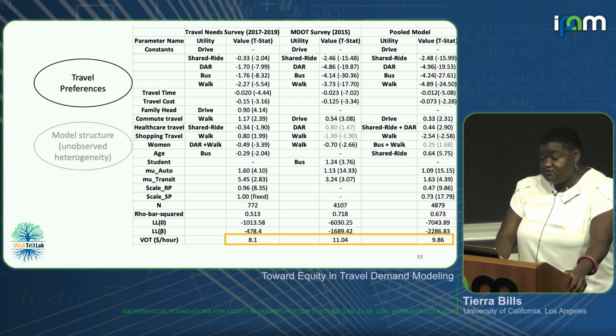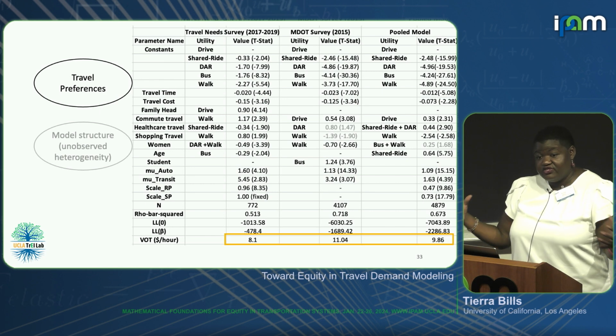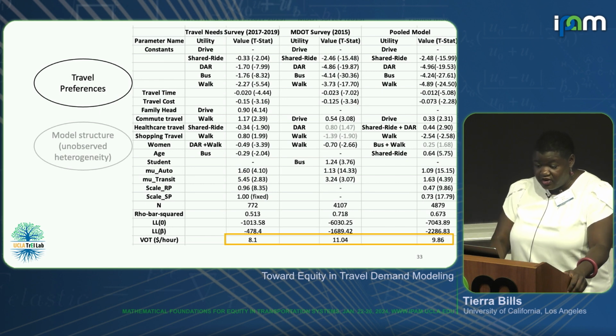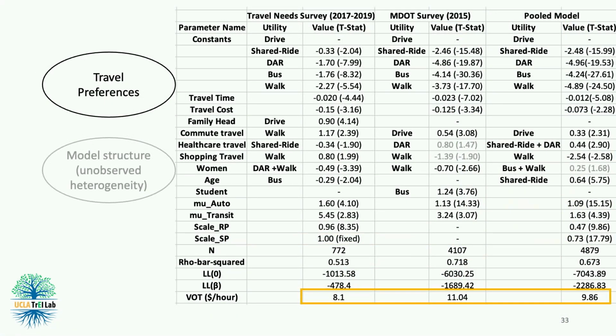Now, once we estimate our pooled model, so we've done this joint estimation from both of the data sets, we find a model where the value of time relative to our standard model is somewhere in between.